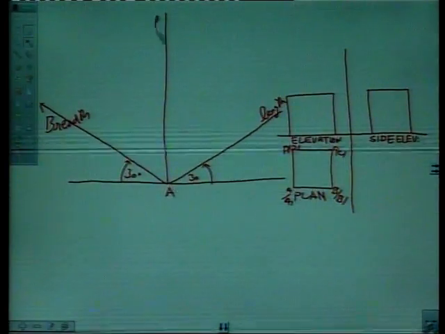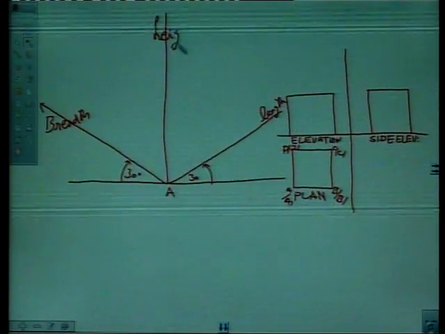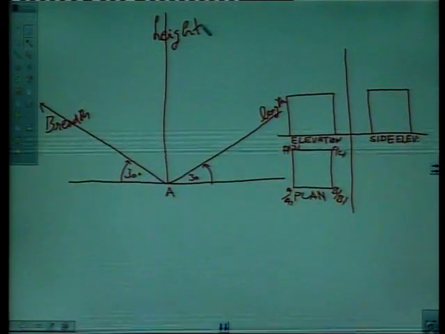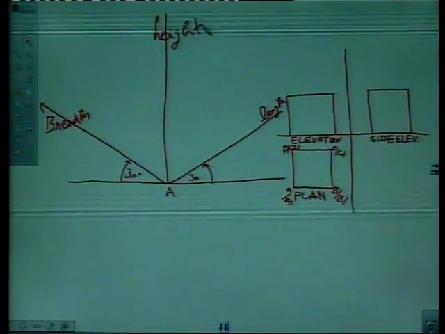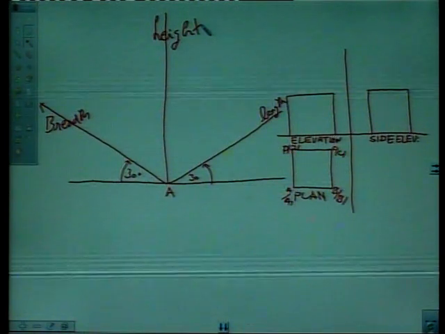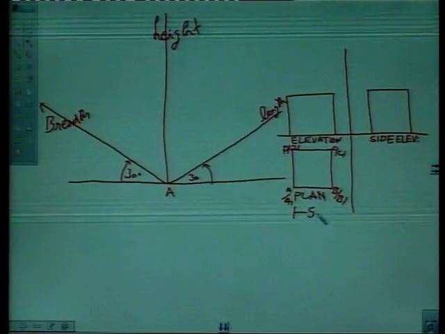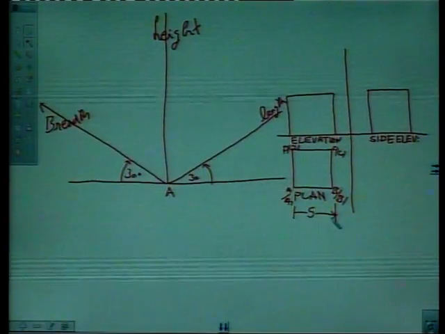This may represent the height of the object, right? So if we want to draw the isometric of a cube, say the size of the cube is 5 centimeter. All sides are of 5 centimeter.